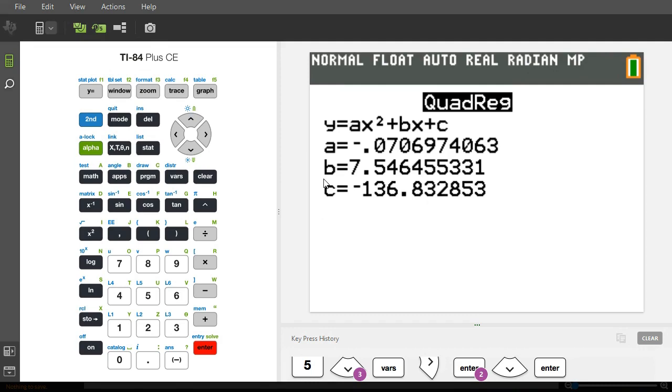My equation, and I don't really want to round it until the very end, but when I'm writing an equation down on paper, then I can probably round it to 3 decimal places. But that's why I'm storing it as my y1.